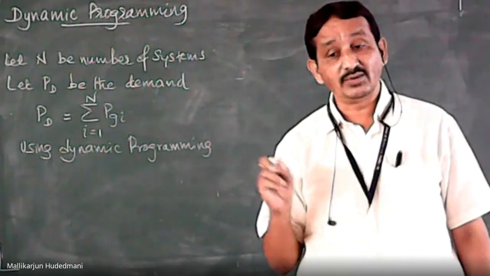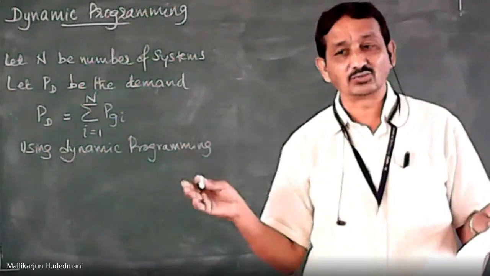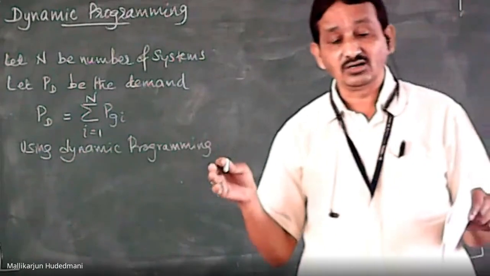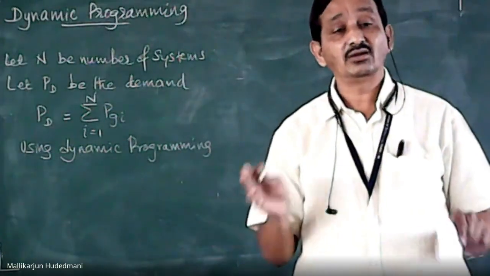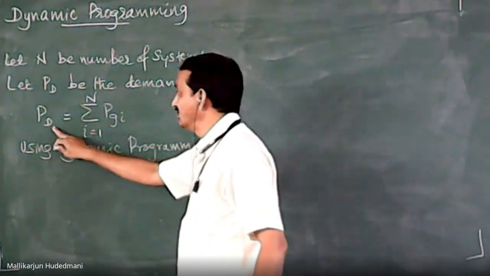From those n minus 1, it is the combination. Among the n minus 1, which is best, which is average, which is costlier, I can calculate and make a comparison. I will write this demand PD as a split.